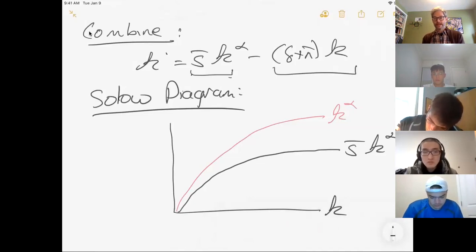What's the second part of this equation look like? Delta plus n times k. Well, this is just a straight line.